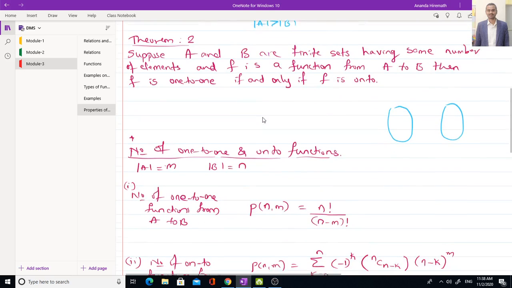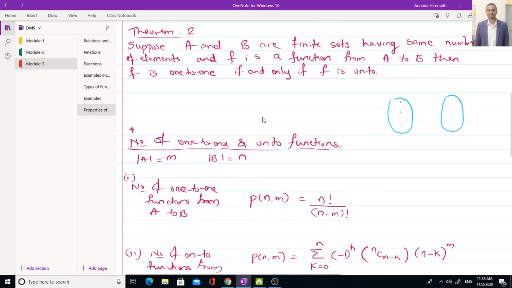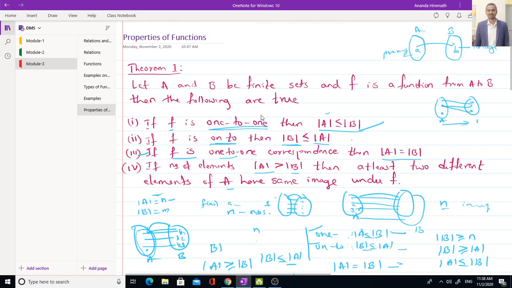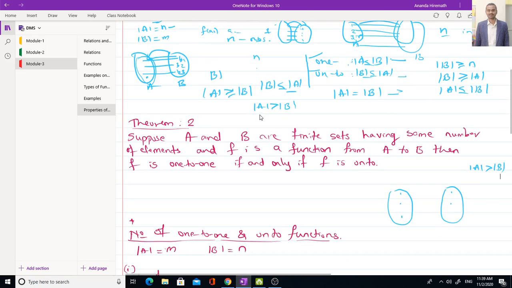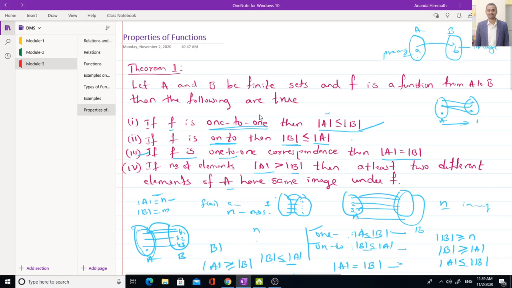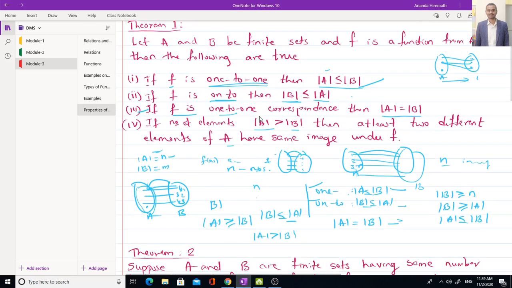Let us have 1, 2, 3 elements in A and only 2 elements in B. And observe that it is greater than, not greater than or equal to. There are 3 elements in A and only 2 elements in B.